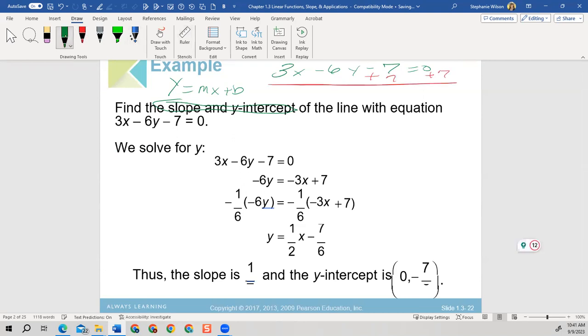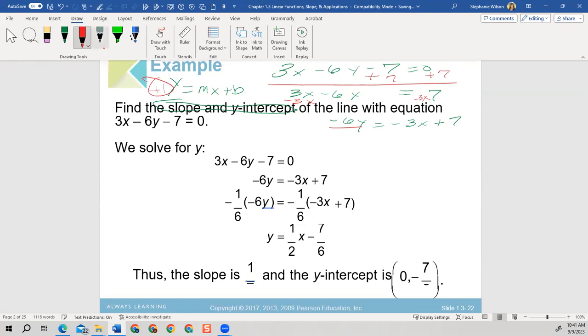I'm going to add it to both sides. So now I have 3x minus 6y is equal to 7. Now I want to get the x on the other side. Since it's positive, I'm going to subtract it. Now I have -6y is equal to -3x plus that 7. And let's divide by this -6 because that's going to be the only way you can get a +1 coefficient.